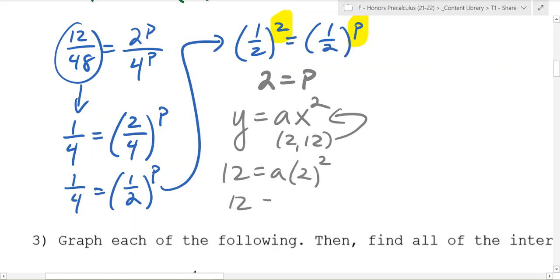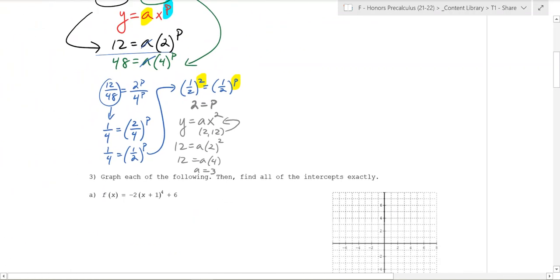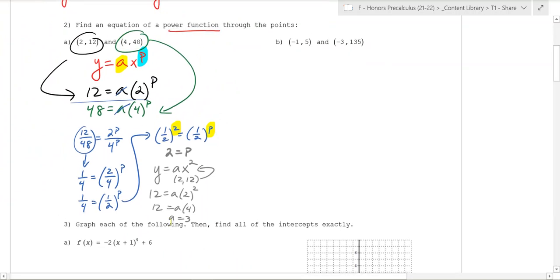So that means 12 is equal to a times 4. So a is equal to 3. Now that we know that a is equal to 3 and p is equal to 2, our final answer would be y equals 3x squared.